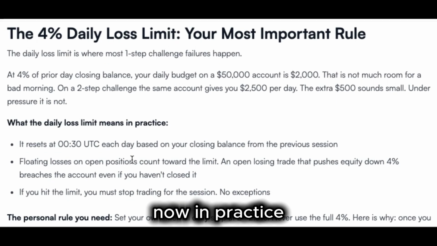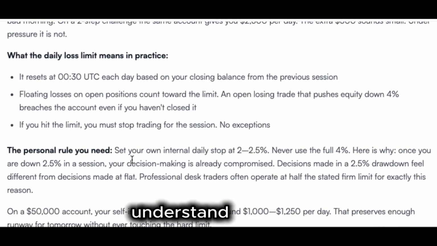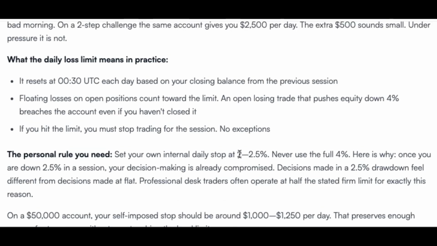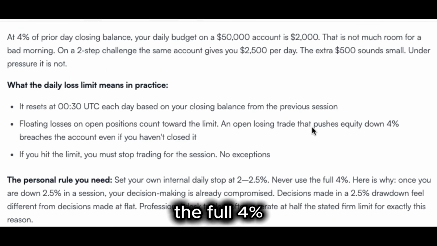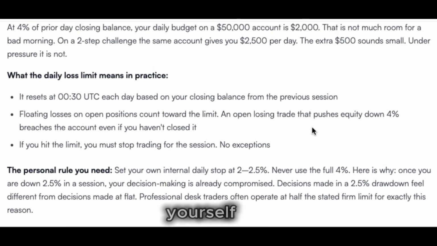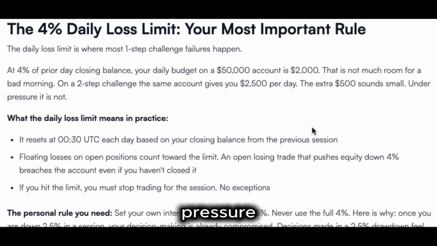Now, in practice, what does it mean? You need a personal rule, which is that you set your daily stop between 2 and 2.5%. You never have to use the full 4%. Otherwise, you will put yourself in a position of big pressure.